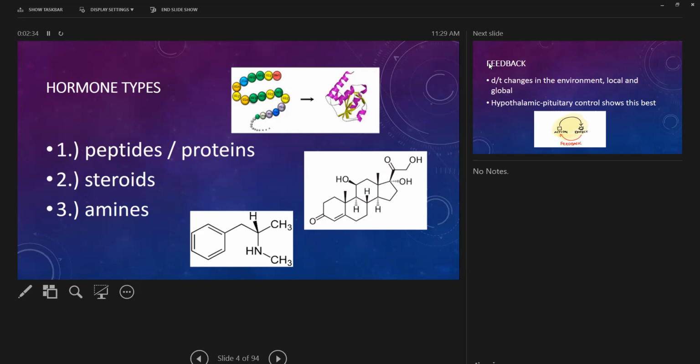You've also got steroids, which are a main backbone for a lot of compounds. Also, cholesterol is the primary backbone for these steroids. And then you have amine groups, which any amine group is going to have these nitrate groups that come off the bottom there.